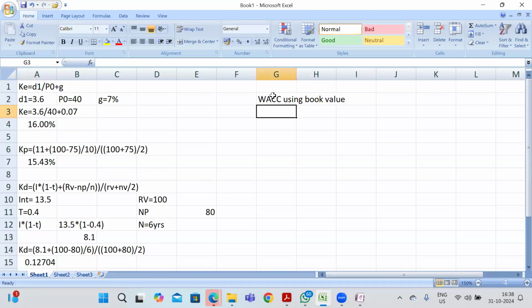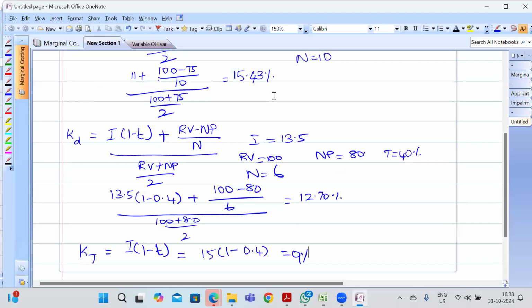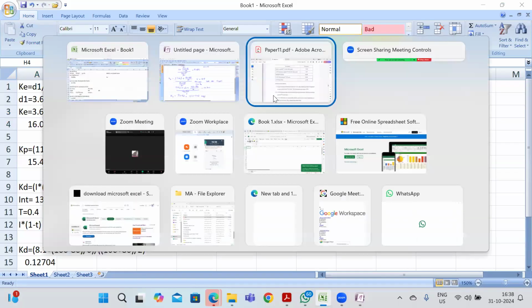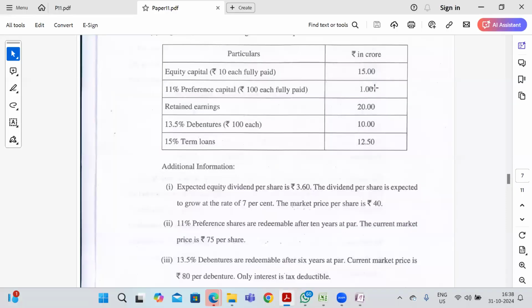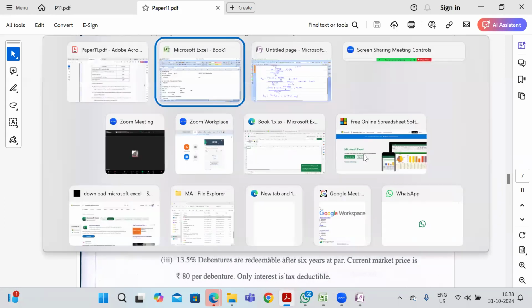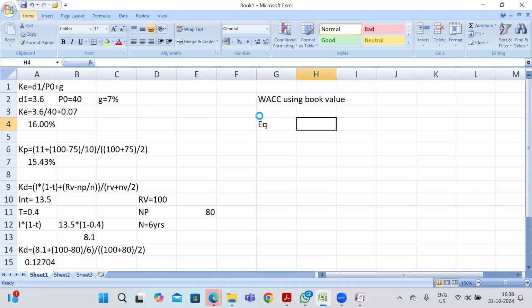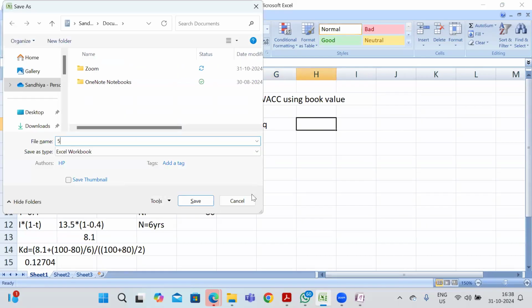So for equity share capital, 15 crores, preference share capital 1 crore, retained earnings 20 crores. So my debentures 10 crores and term loans 12.5 crores. So entire thing I am going to use, my equity share capital 15 crores.